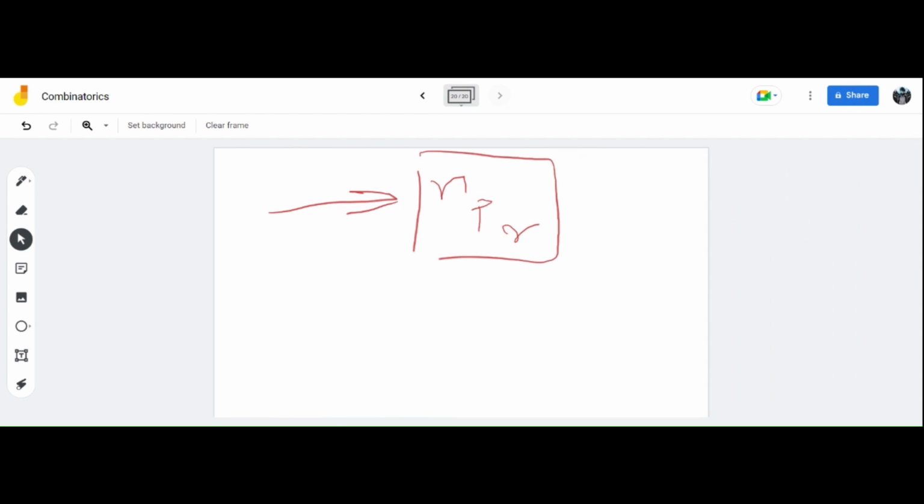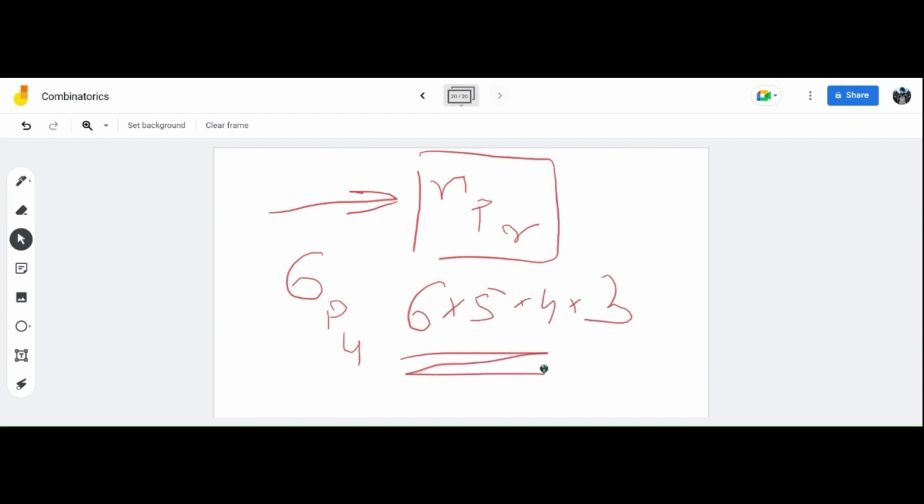In the earlier case, we wrote it as 6P4, which is 6 into 5 into 4 into 3. So this NPR is the formula for permutations. So whenever you find you have to fill up places, you can always use this formula.